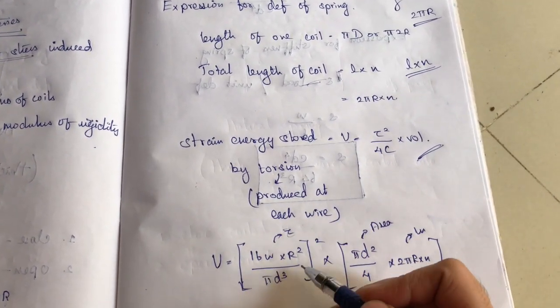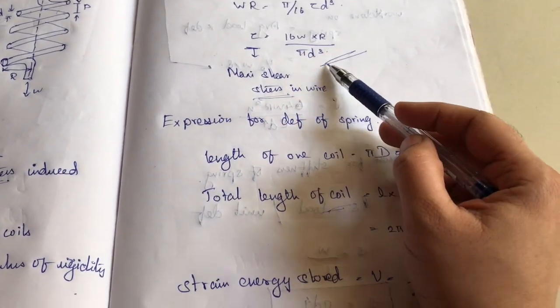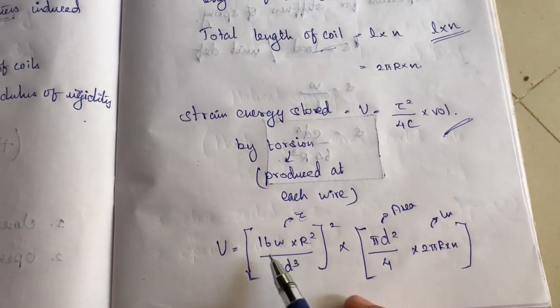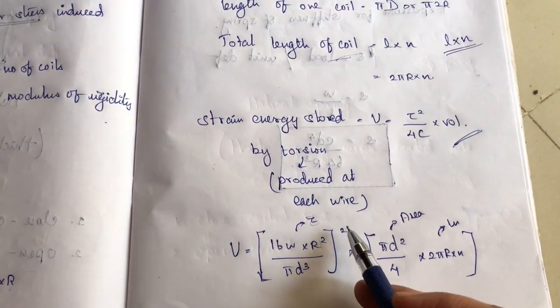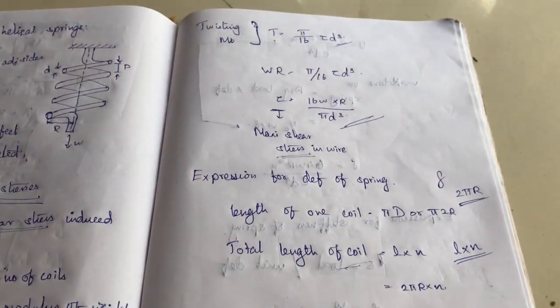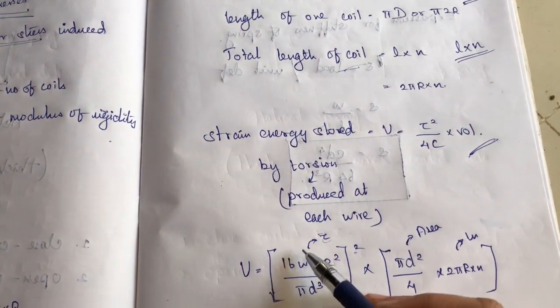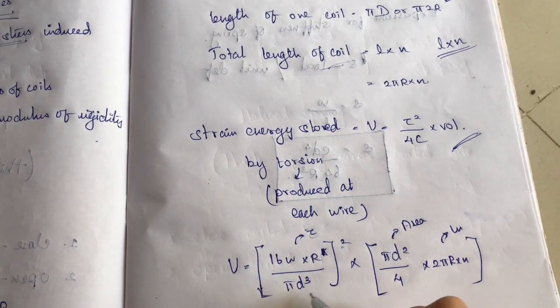Shear stress is 16 W R by pi d cube, and the whole is squared because here we have tau square.